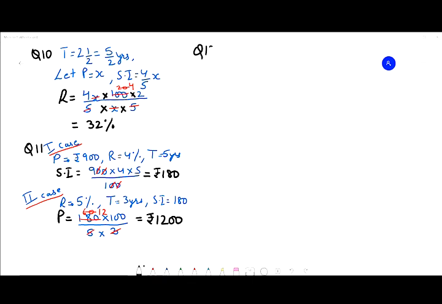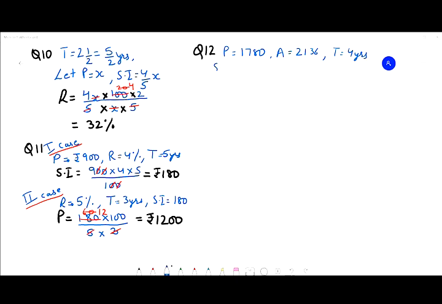Moving to the question number 12. What they are saying is a sum principal is 1780, amount 2136, time 4 years.